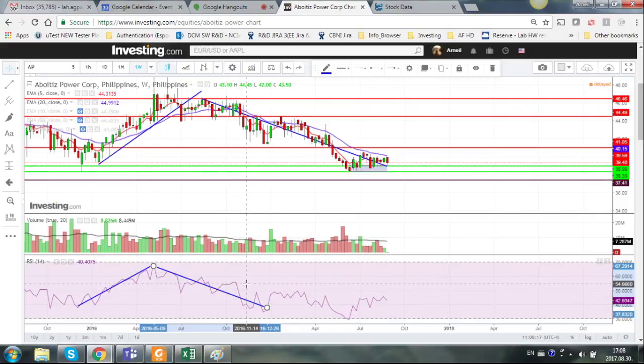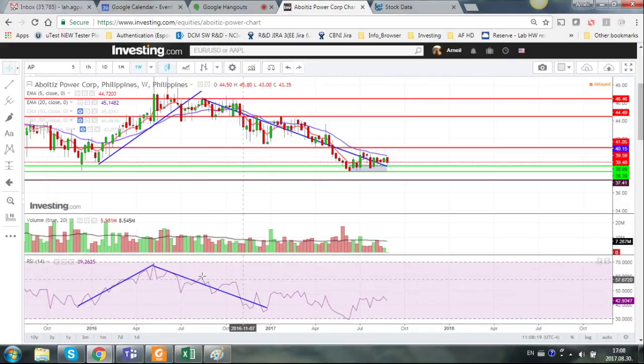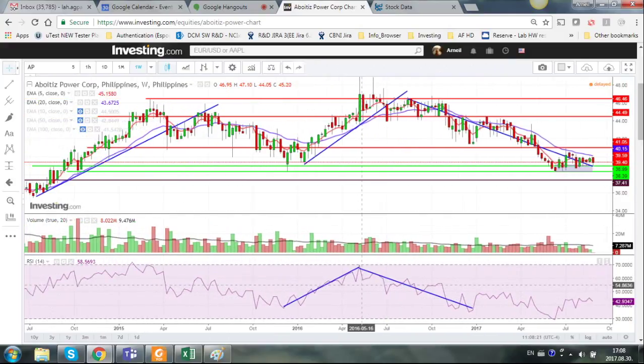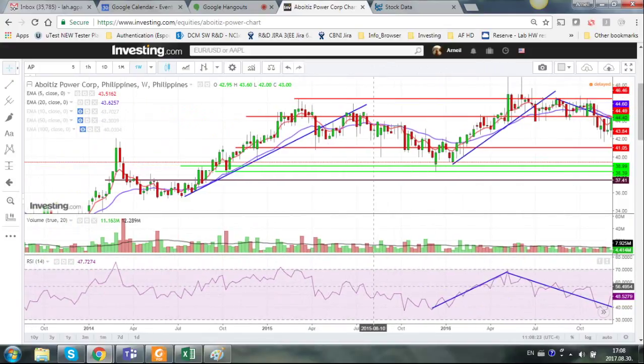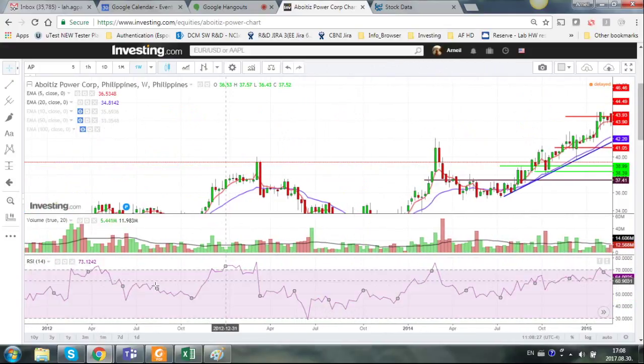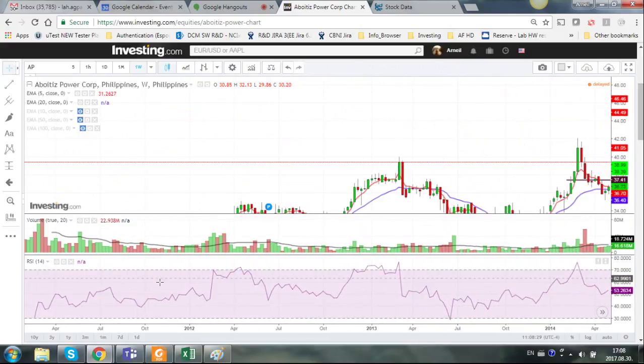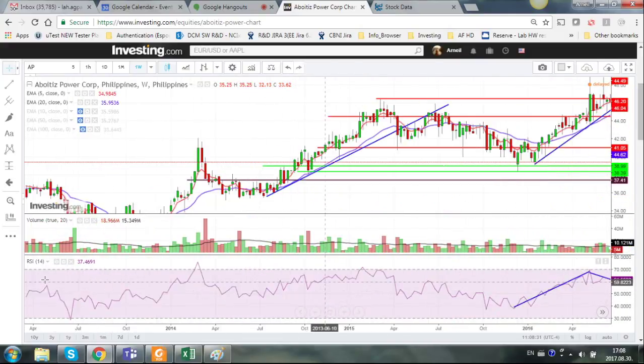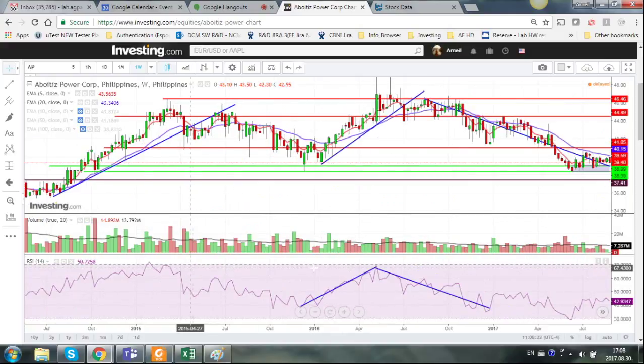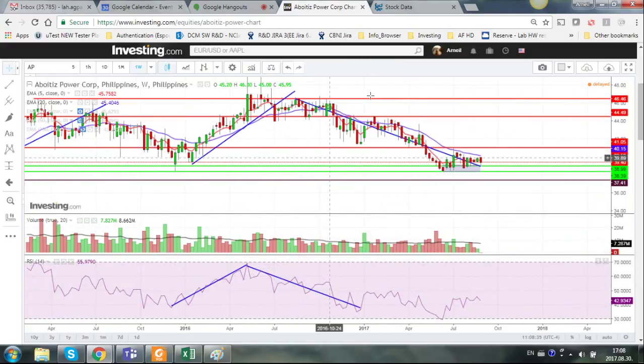Kasi, you should also know that sometimes RSI is not just staying on that level. Sometimes it's still going higher. Like this. Okay, this one is not really very expressive, but there are some companies na yung RSI level is talagang maabot pa ng 100.